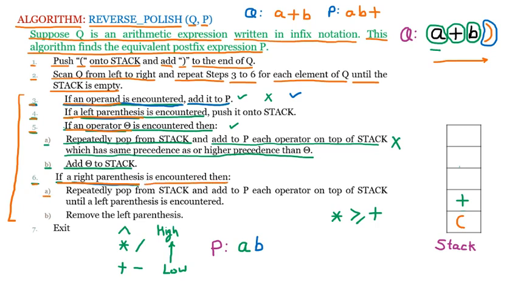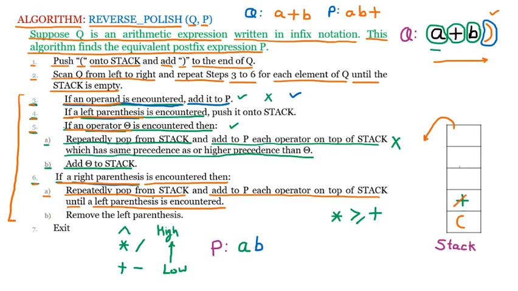Part A, repeatedly pop from the stack and add to P each operator on the stack until the left parenthesis is encountered. It means once the closing bracket is encountered, you have to take things out, we are popping the things. So first of all, what to pop?